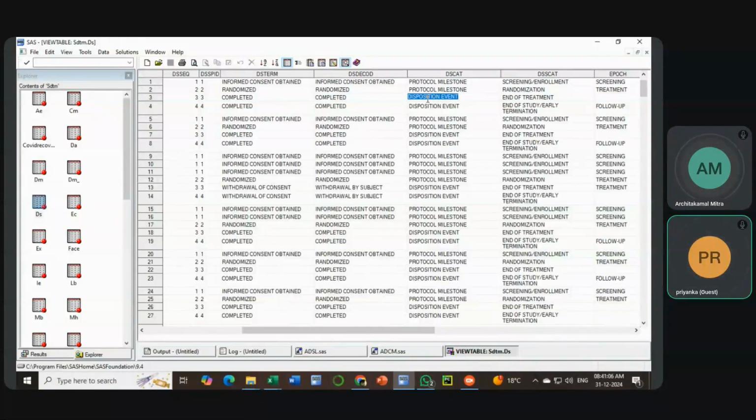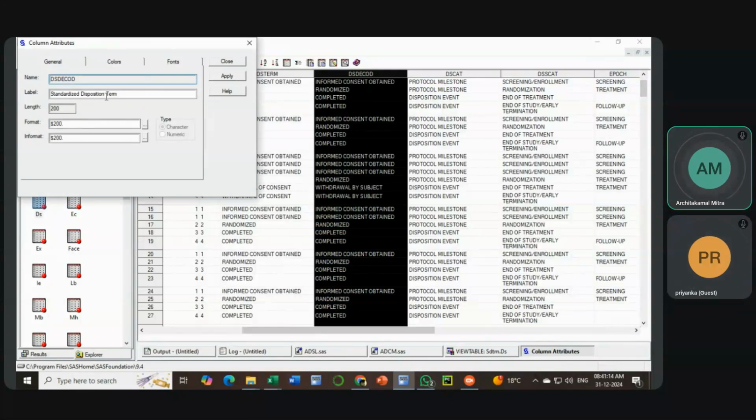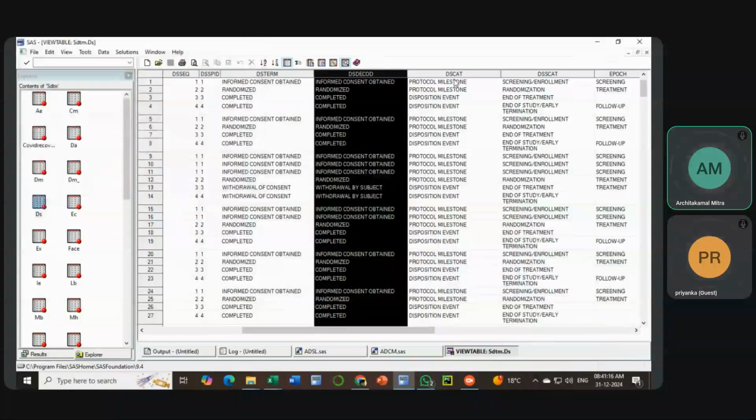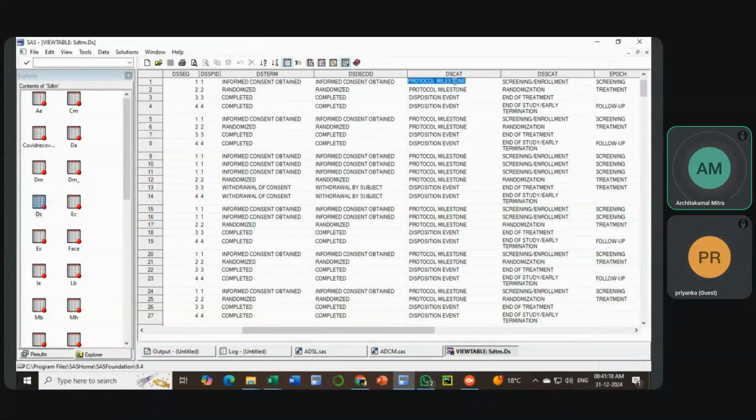Within disposition event, what did we have? We have the study and treatment, and it's completed. DS decode is the standard disposition term. Within the protocol milestone, we have informed consent obtained, randomized, all these things. Within DSCAT, we have a subcategory: screening and enrollment.